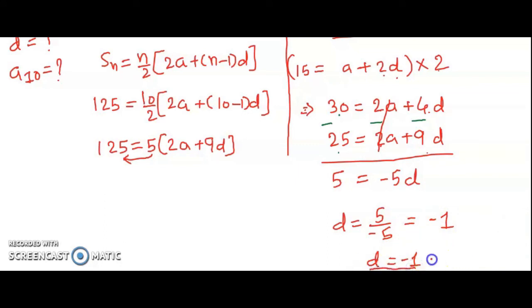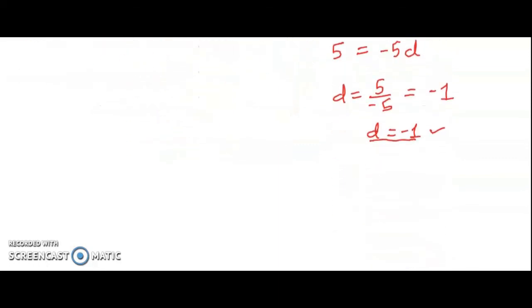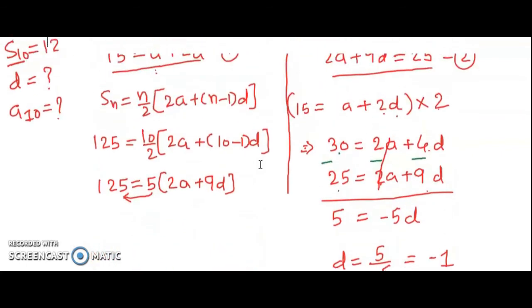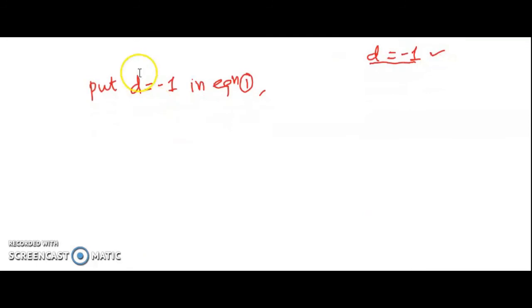Now to find out the value of a, put this value in any of the equations. For example, put d equal to minus 1 in equation 1. What is equation 1? It is a plus 2d equal to 15.